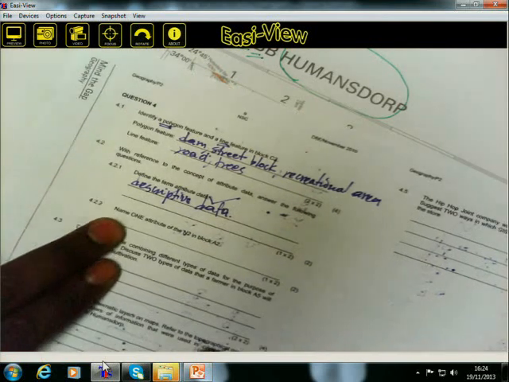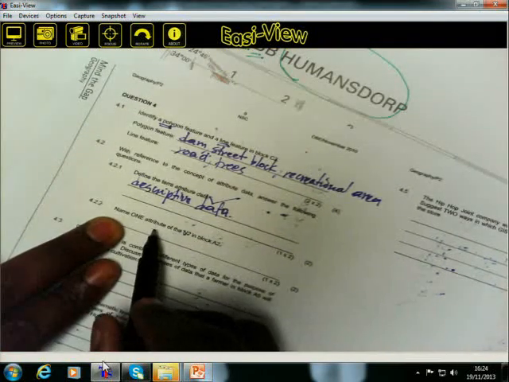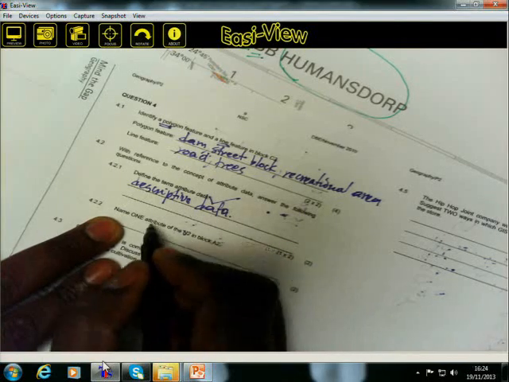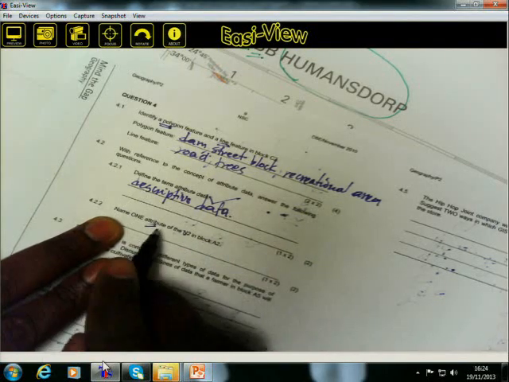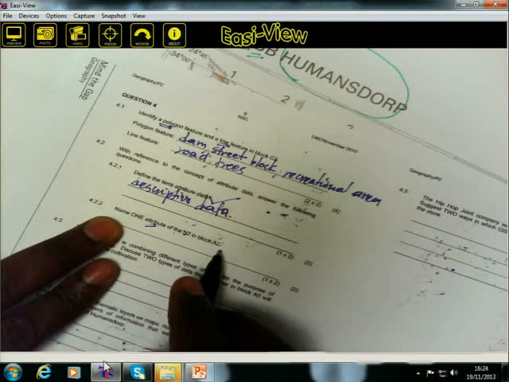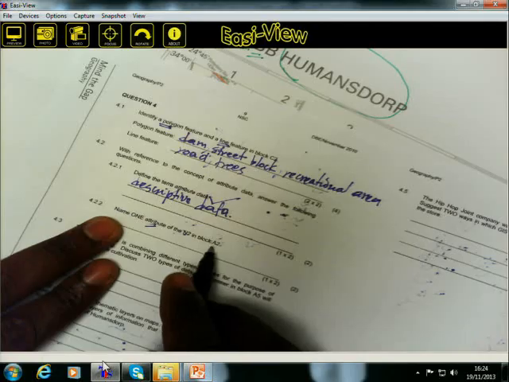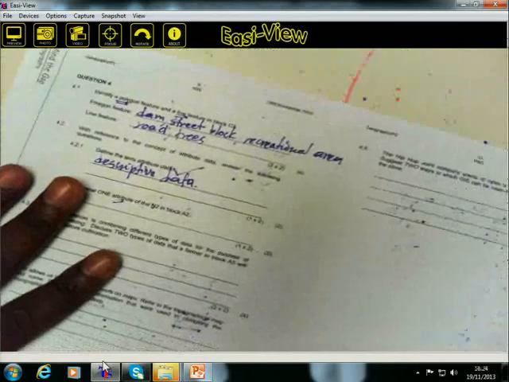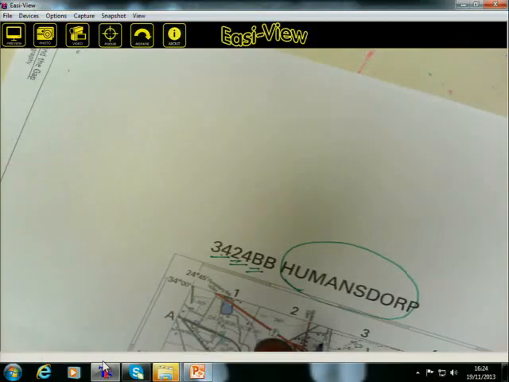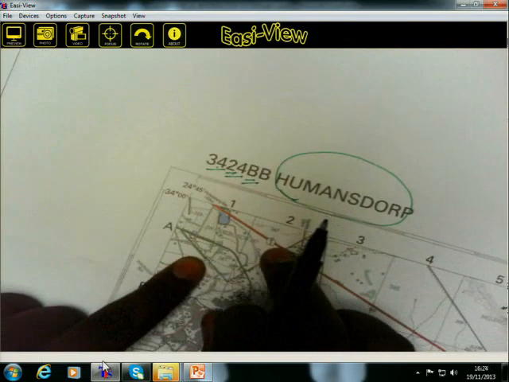Then 4.2.2, name one. What is attribute data? It's descriptive data. Follow-up question: name one attribute of the N2 in block A2. Let me move now to block A2. What is the descriptive data that I'm going to get here in block A2?